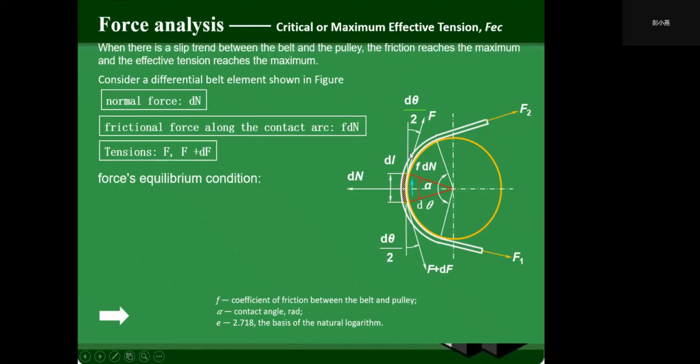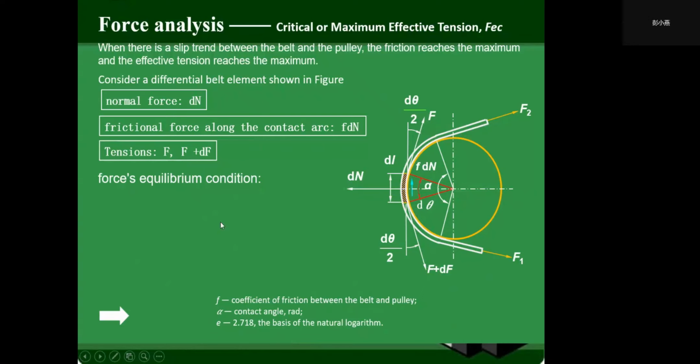For the belt, the tension on one side is F, and on the other side the tension is F plus dF. The tension in this direction is larger than the tension in this direction.